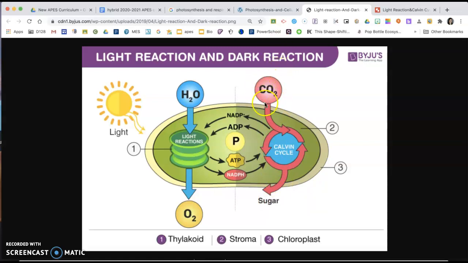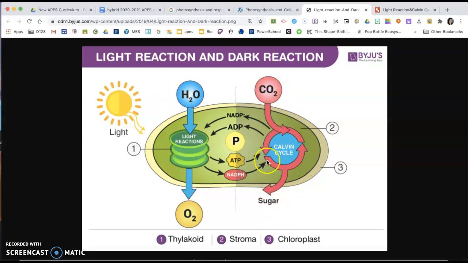What we have going on here is the carbon dioxide entering into the plant. You've got the hydrogen coming over here, and it's going to turn the Calvin cycle wheel. It's going to then meet up with the CO2 to give the C's, the H's, and the O's that are necessary to make the sugar.